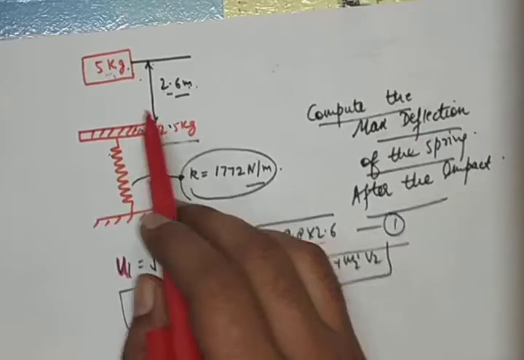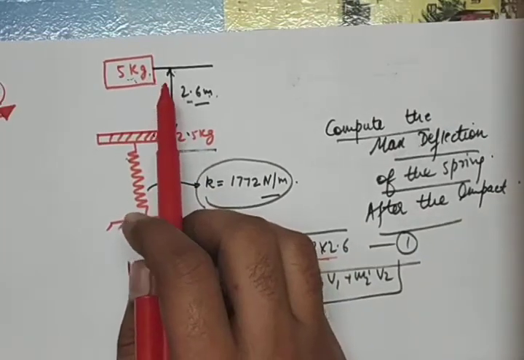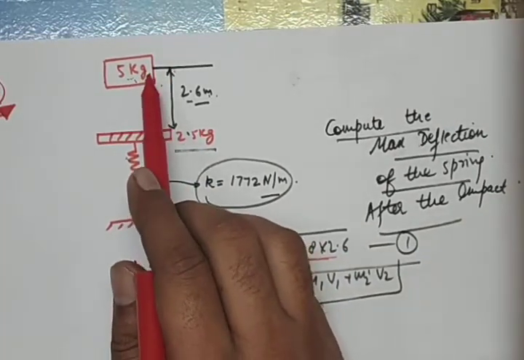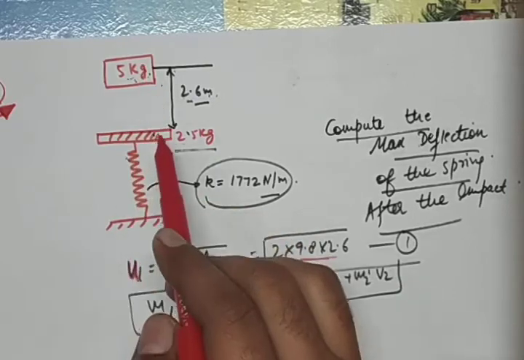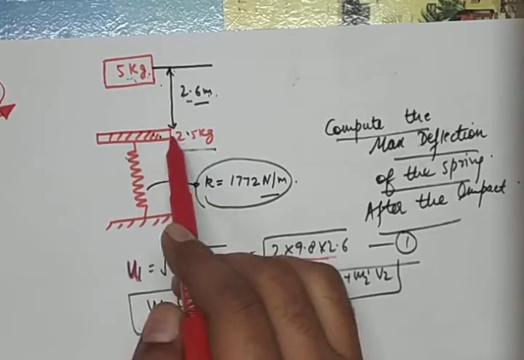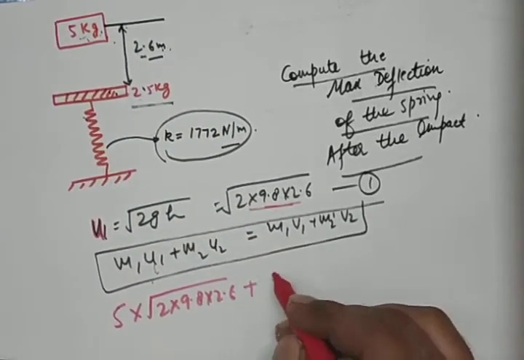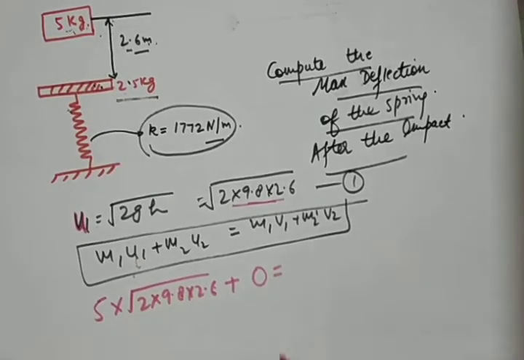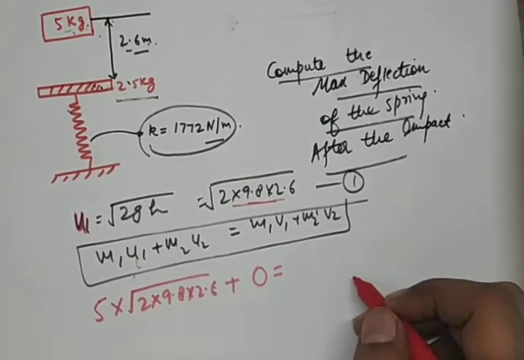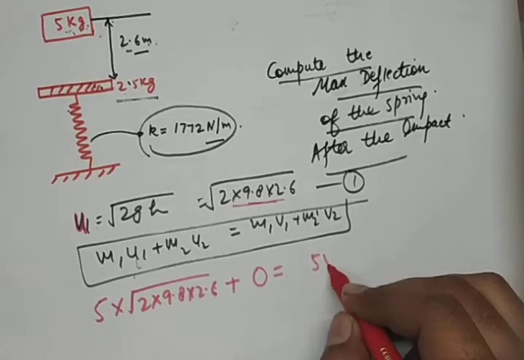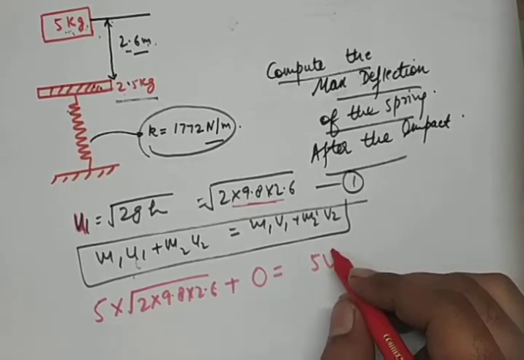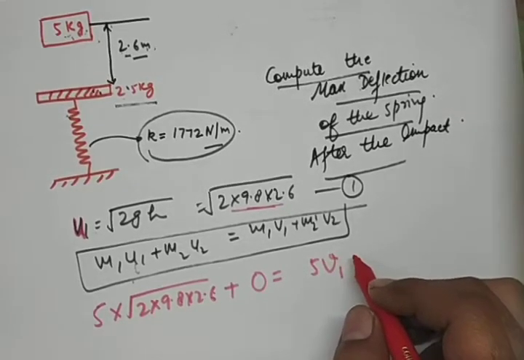I am calculating the linear momentum conservation for this body and this body. Initially this body is at rest, so this is 0. Finally, the 5 kg body will move because there will be some impact between them.